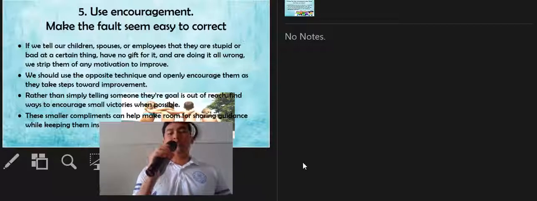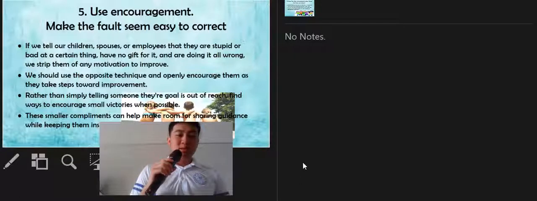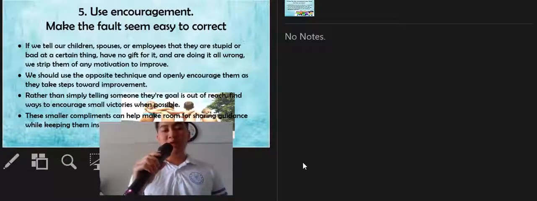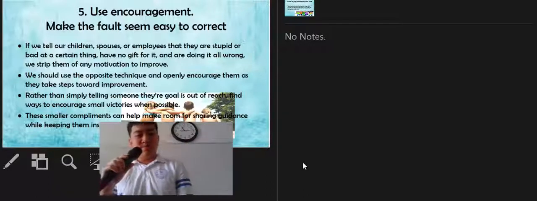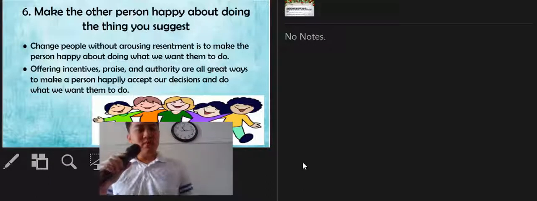We should use the opposite technique and openly encourage them as they take steps toward improvement, rather than simply telling someone their goal is out of reach. Find ways to encourage some victories when possible. These smaller compliments can help make room for sharing guidance while keeping them inspired.